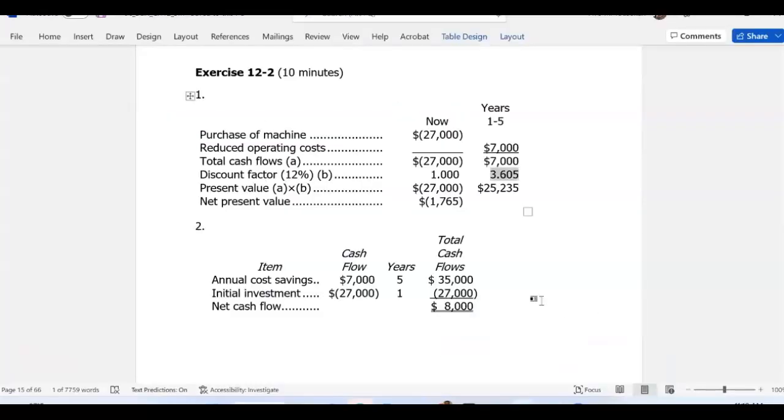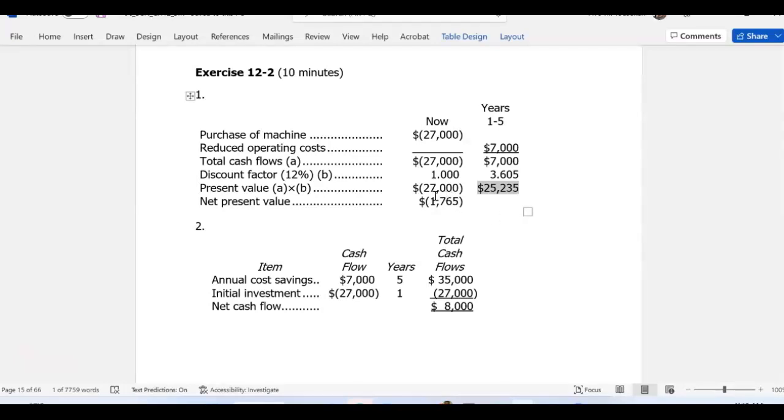So we go here and we say, okay, $7,000 annuity saving, a series of annuity payments, right? Saving. 3.605 is the factor. The present value of that series of savings of $7,000 for 5 years ends up to be $25,235 positive.